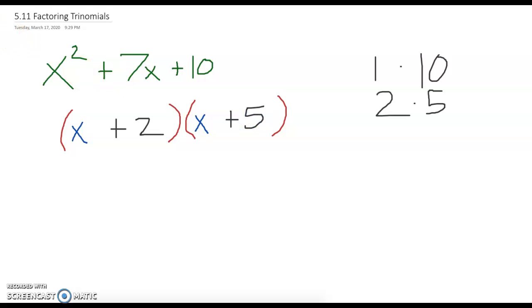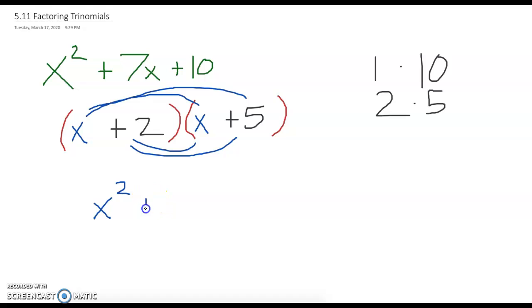Now, if we were to use the FOIL method, like we talked about last time, we would simply get x squared plus 2x plus 5x plus 10.